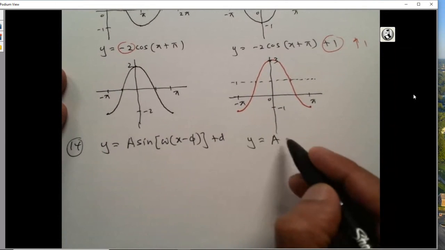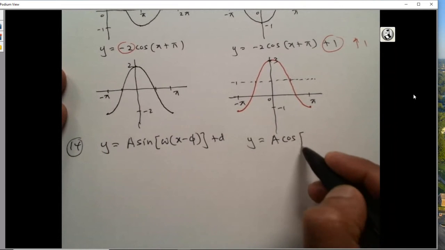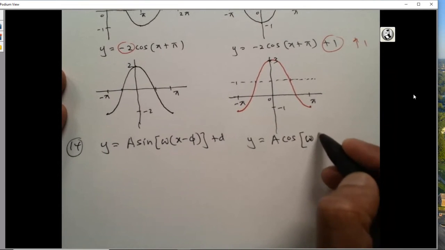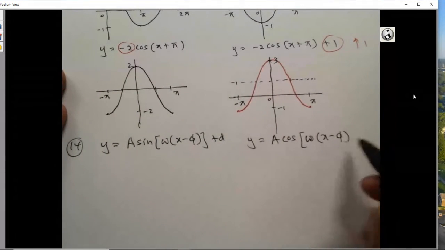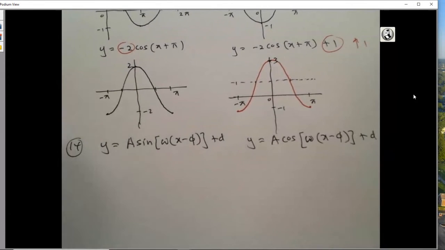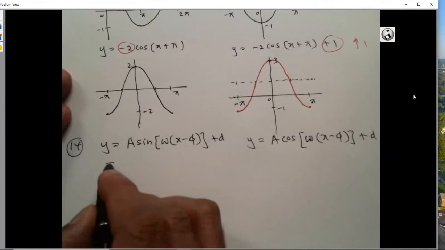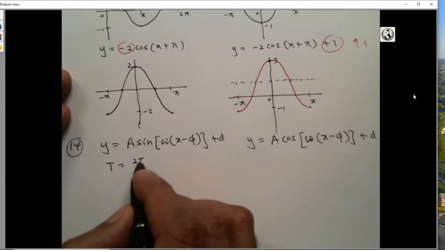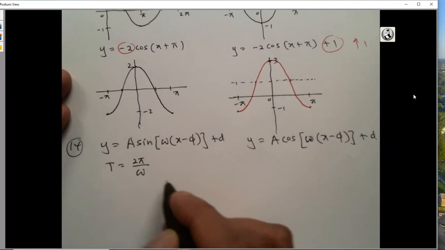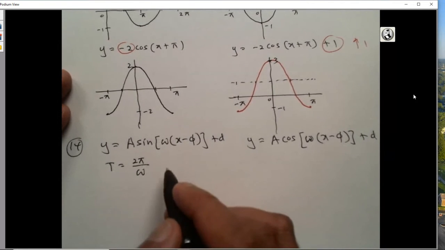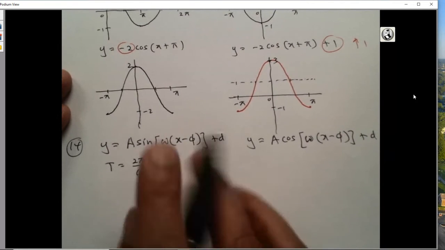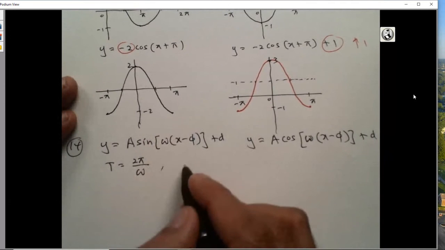Standard cosine function is a cosine(omega x minus phi) plus d. Okay, if you get a standard function like that, there are a few things to remember. The period is always 2 pi over omega. This is omega. Sometimes you have to take the absolute value if this is a negative number.